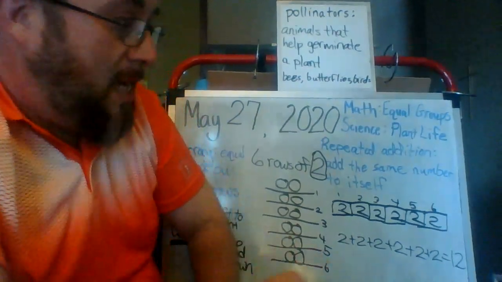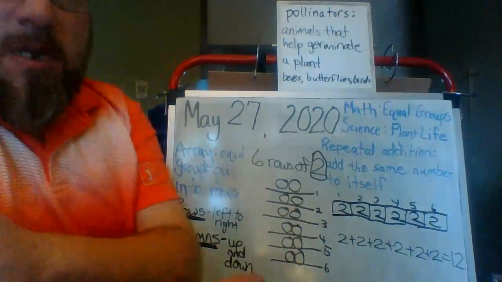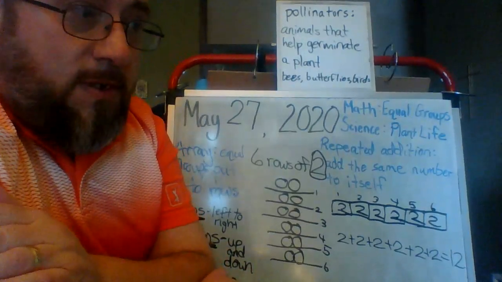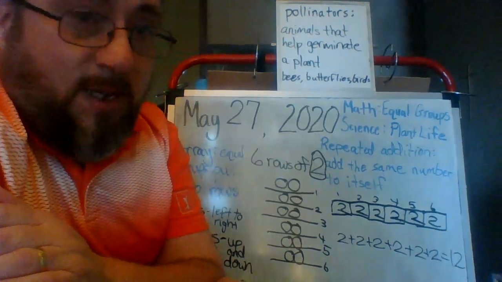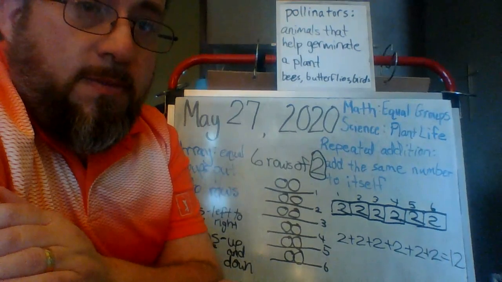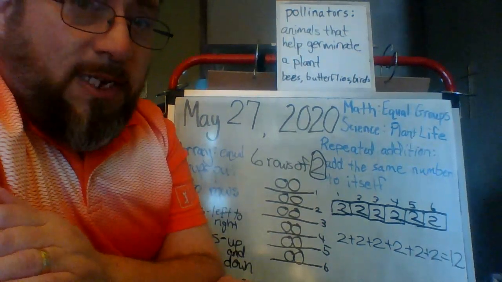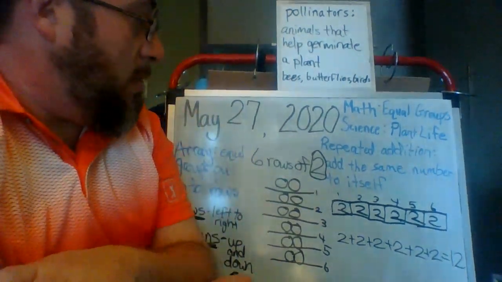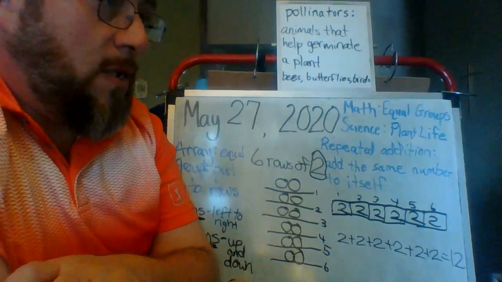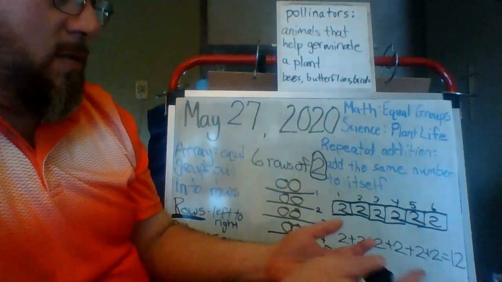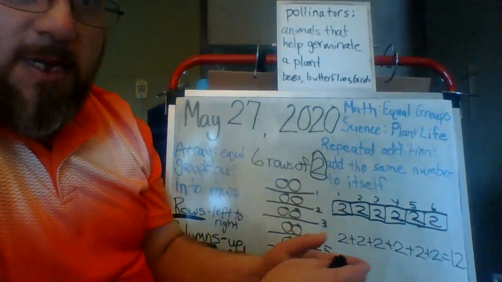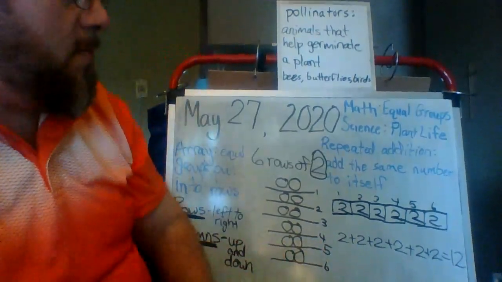Animals like squirrels and other small mammals, birds, they actually like to eat seeds. And so they will eat the seed, sometimes breaking open the outer protective layer of the seed and getting at it.